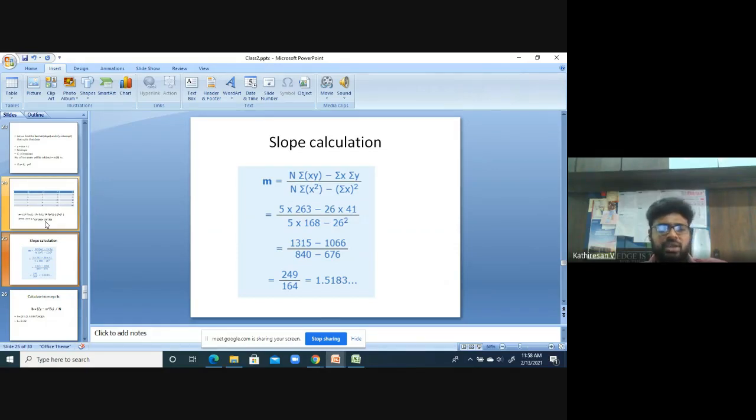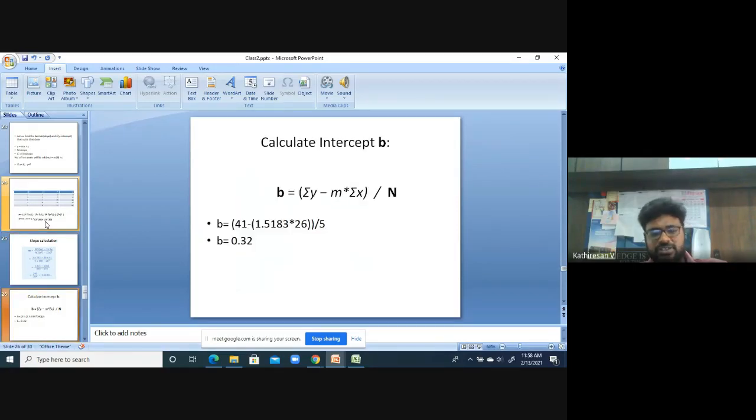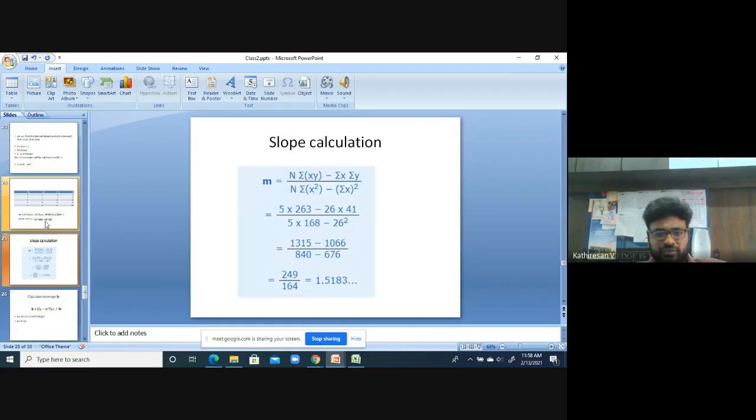Now we are done with the slope. After the slope, we have to find the intercept. Just see this particular equation. This also you have to do on your own. I will share this. Wait.